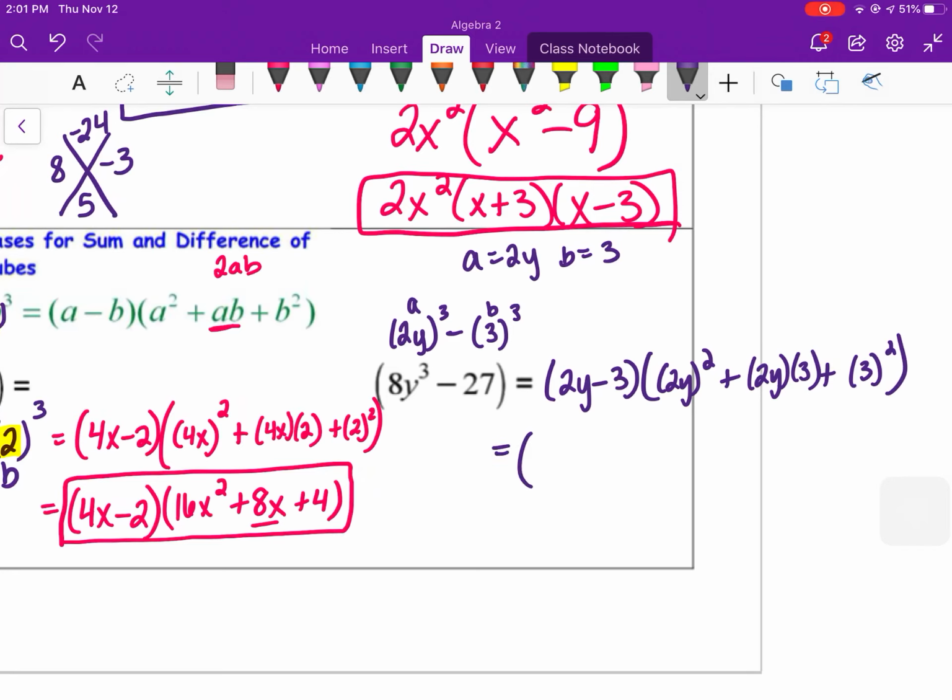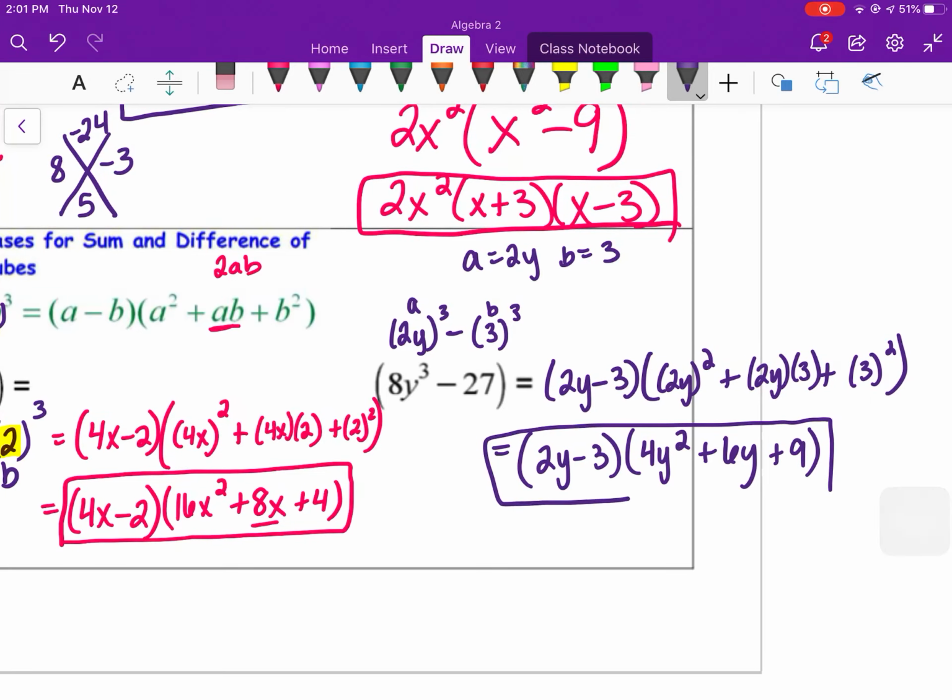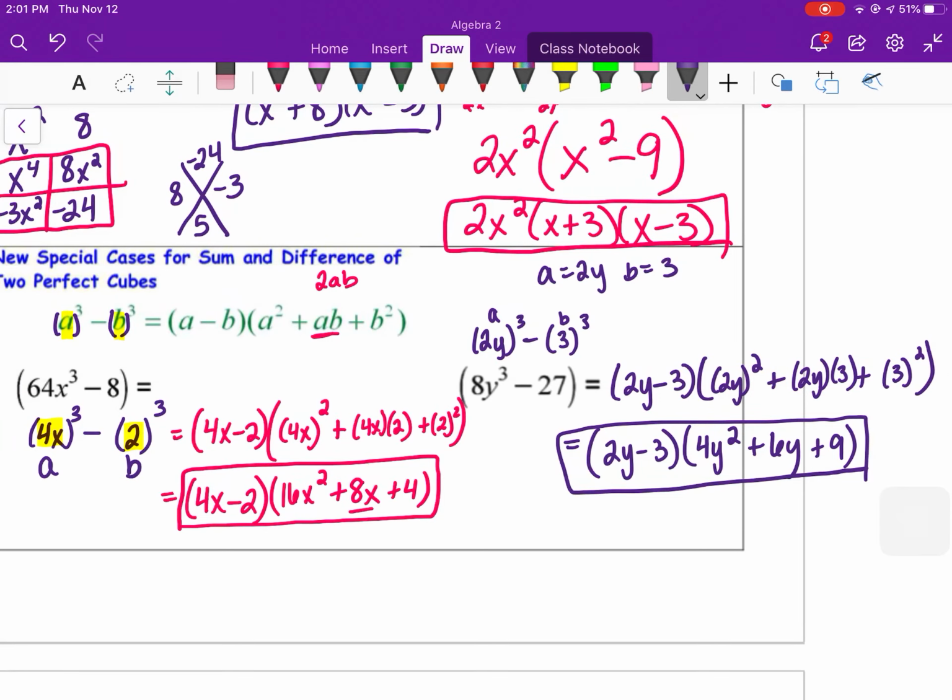So simplifying that, it'll be 2y minus 3 times 2y squared is 2y times 2y, so 4y squared. 2y times 3 is 6y, and 3 squared is 9. So there we are.